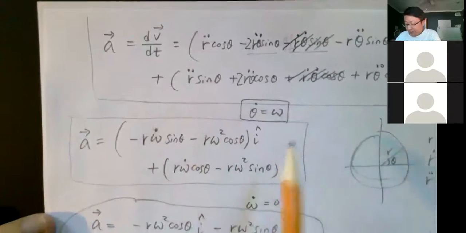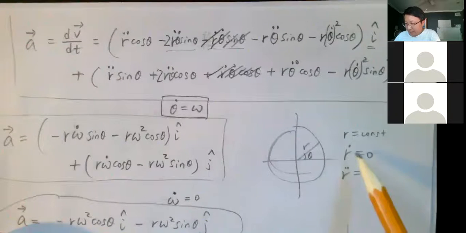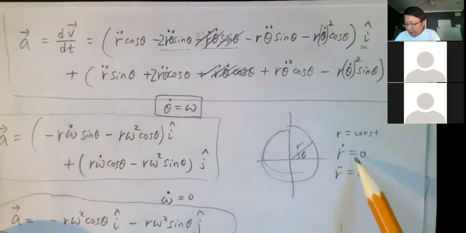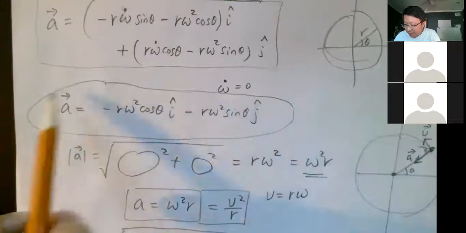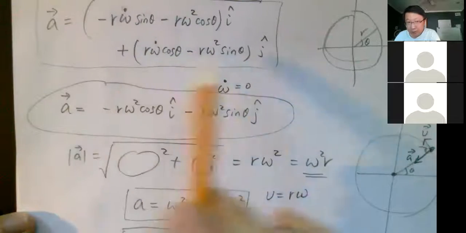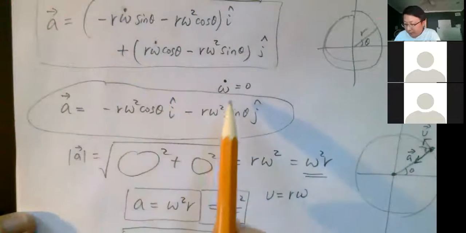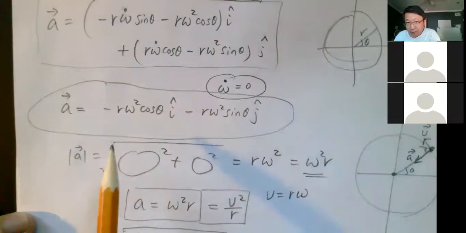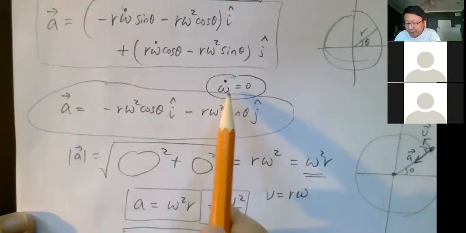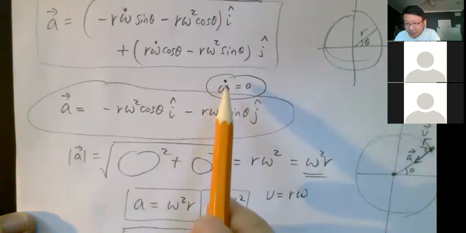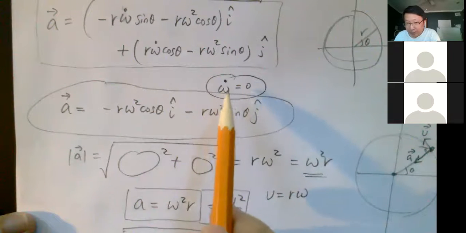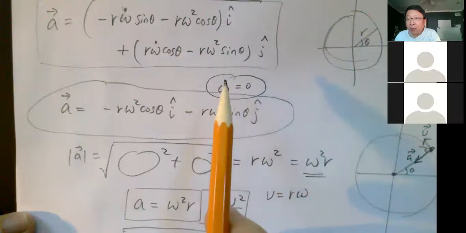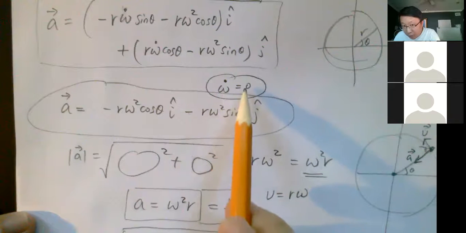Of course, don't forget what we simplified from here. The first simplification is r dot equals 0, dr dt equals 0, and dr dt second, of course, also equals 0. So that is simplified to here. Then we also assume the angular velocity change rate, or angular acceleration, equals 0.